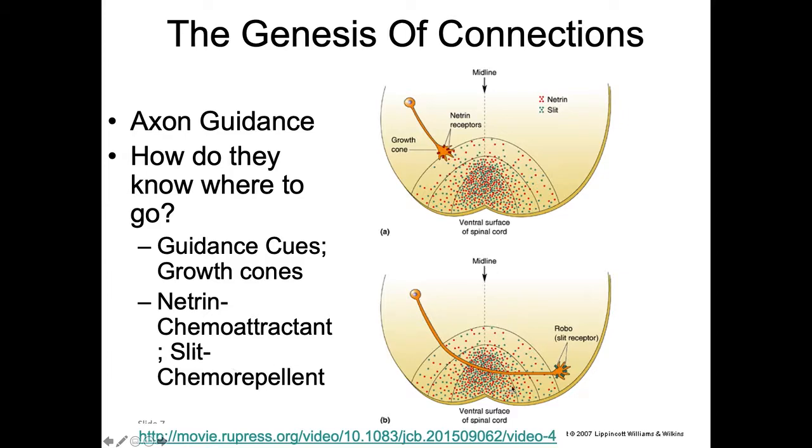SLIT acts differently. It's a chemorepellent. Higher concentrations of SLIT would make this collapse. And so the cell is drawn to move away from that area to where there's less SLIT, and it continues onward to reach its destination. Because this particular neuron's goal, or the way it's typically set up, is that it will cross the midline and reach the other side.